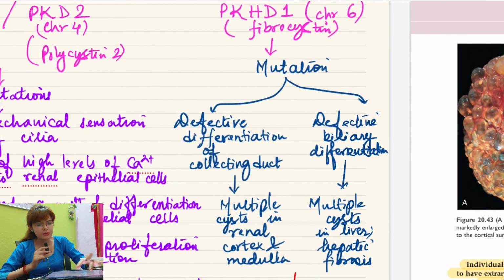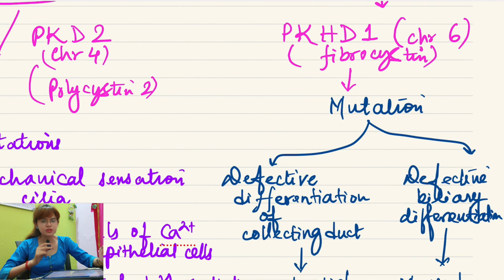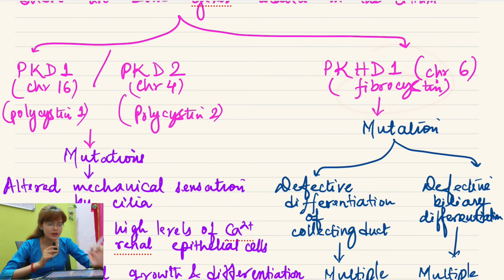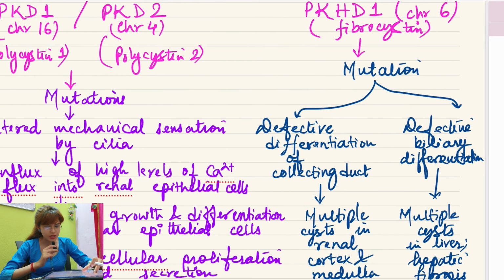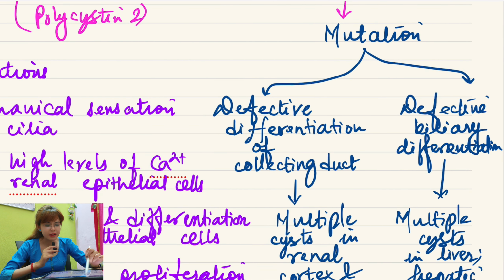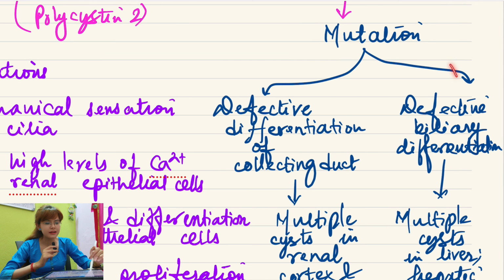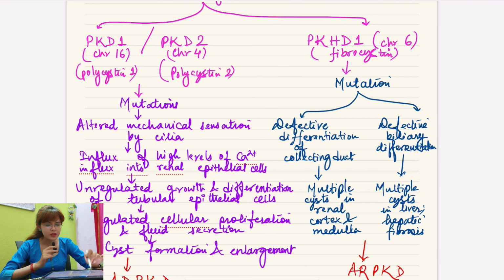Now coming to the other limb, which is PKHD1, present on chromosome 6, which codes for fibrocystin. Once there is a mutation in this gene, what will happen? There will be defective differentiation of the collecting duct and defective biliary differentiation. So this gene is regulating two kinds of function.